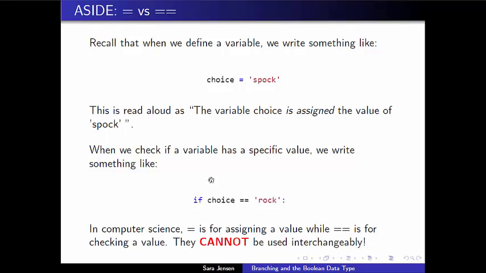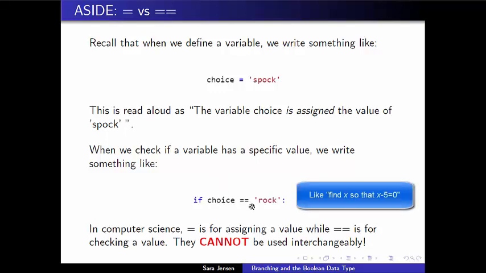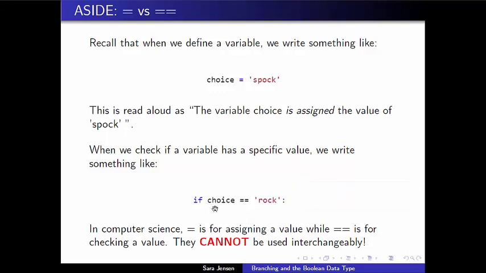When we are checking to see if the value of a variable is equal to something specific, we will use 2 equal signs there in order to tell the computer that we are not declaring a variable choice and assigning it the value of rock. We are instead asking if the value of the variable is equal to rock. This is a declaration. This is a question.